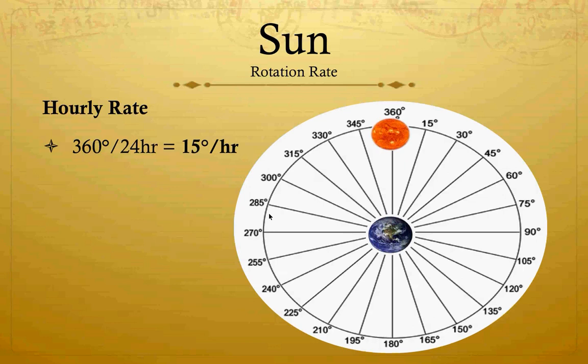Okay, so this example right here is the sun rotation rate. I wanted to give an example of what it means to be traveling 360 degrees. If you look at the white, you will see that it's segmented into certain degrees around this 360 degree circle.